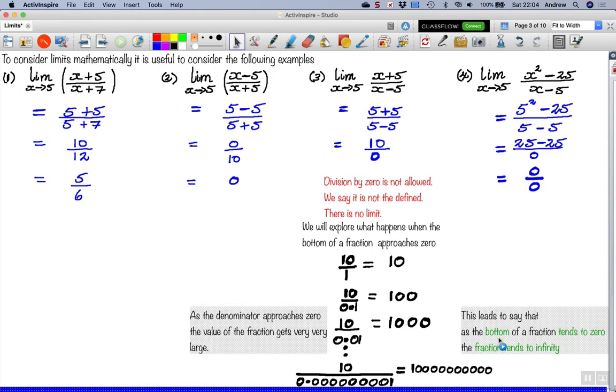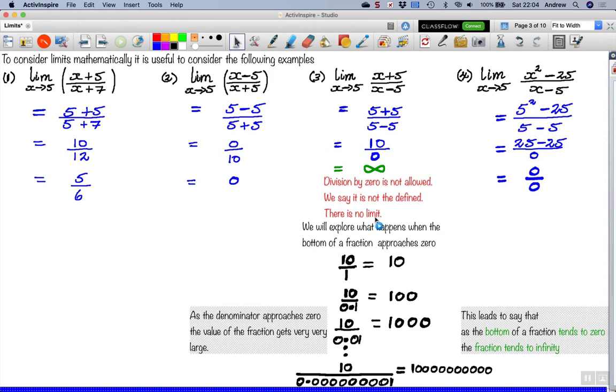And that's really important because we can now go back up above the red line and say that for 10 divided by 0, there is no limit, because infinity can never be reached, but the limit is infinity. So division by 0 is not allowed. We say it is not defined.